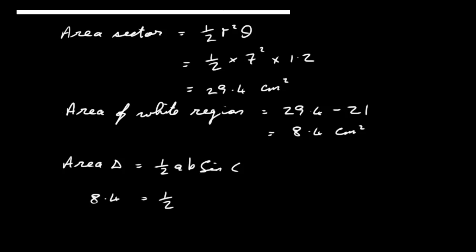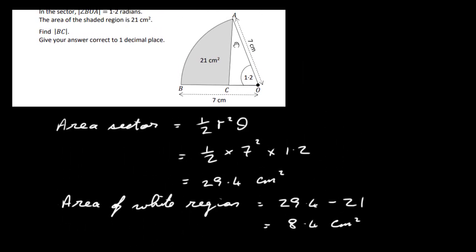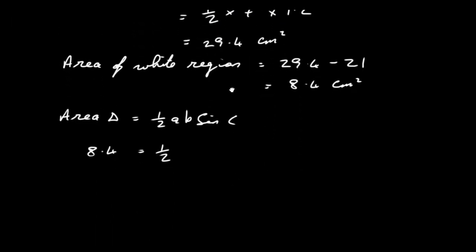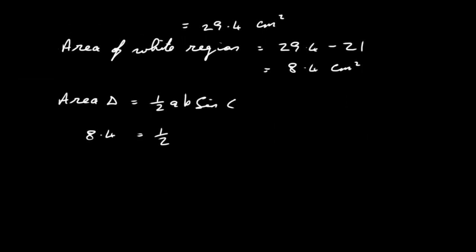So we have half, and if we look at our triangle, then we have one side here which is 7, and the other side which is OC. So it's 7 times OC. So we want to multiply it by 7, and the distance from O to C. So it's half AB and then sine of 1.2.